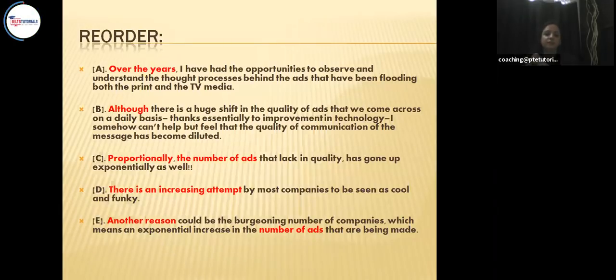This is directly giving me the reason. I'm observing now an overall picture. I'm observing the ads: a huge shift in the quality of ads. Huge shift. And the second line is totally changing the game.